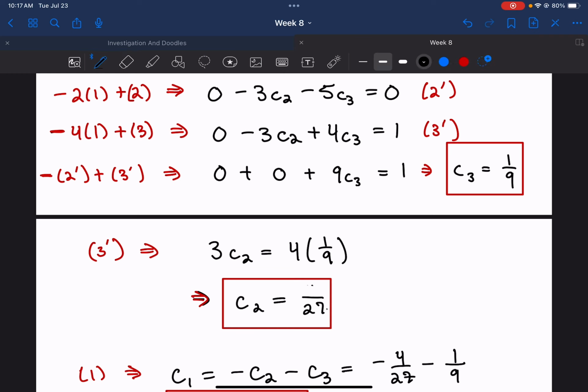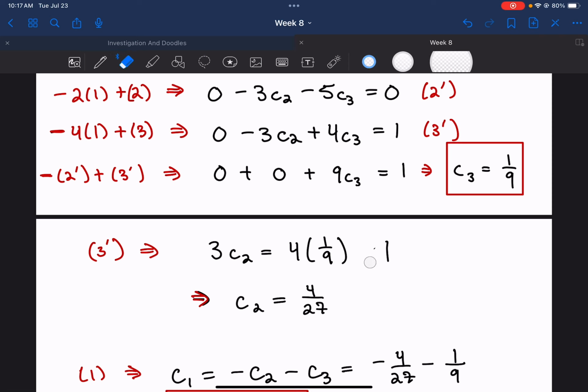It's embarrassing, I've been using these notes for a while. Okay, let's get rid of this. There should be a minus 1 here. So this gives 4 over 9 minus 1 is negative 5 over 9. Divided by 3 is negative 5 over 27.